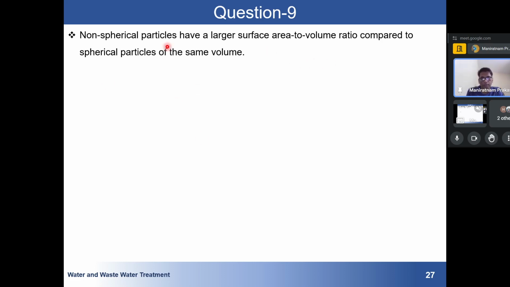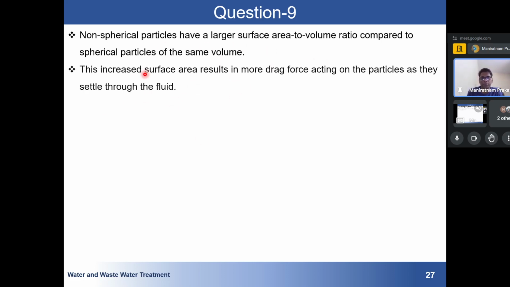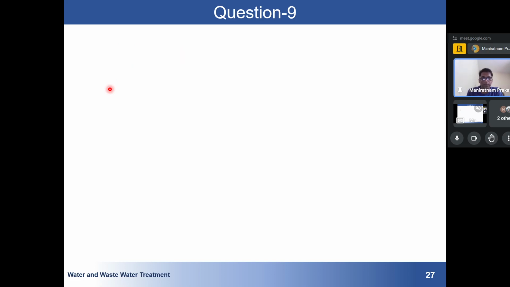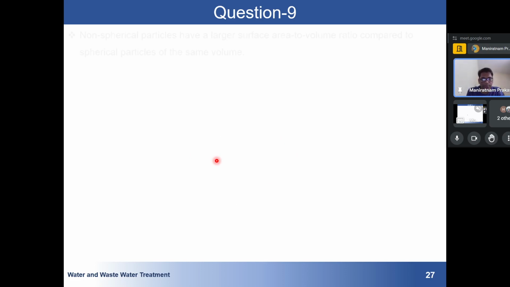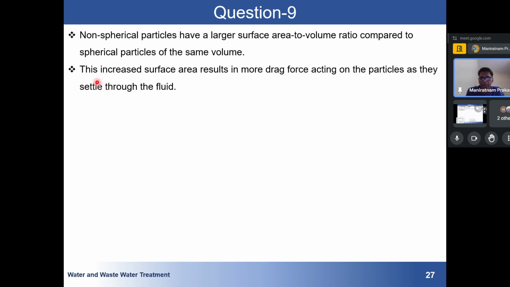So a non-spherical particle will have a larger surface area, and we know that the drag force depends upon the surface area. That is AP, which was pi r square, or the projected area, you can say. So the increased surface area results in more drag force acting on the particle as it settles down in the fluid.